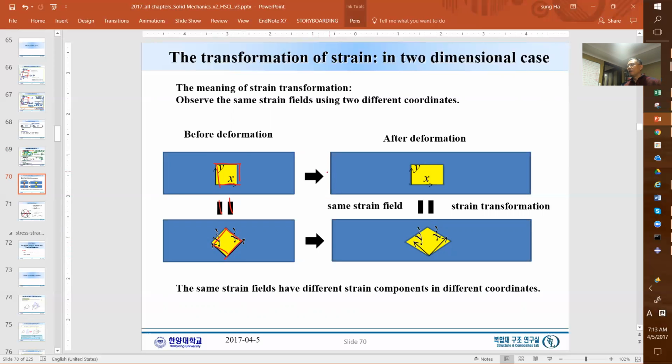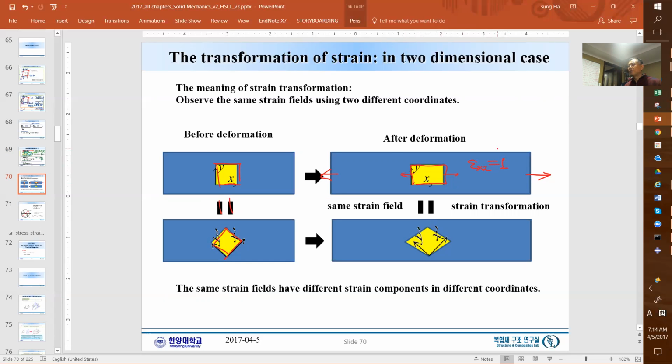Now we apply a strain in the x direction, only x-directional strain, and you can notice that this original rectangle in the XY coordinate would expand in the x direction. Only in the x direction. Epsilon XX, for example in terms of magnitude, is non-zero.